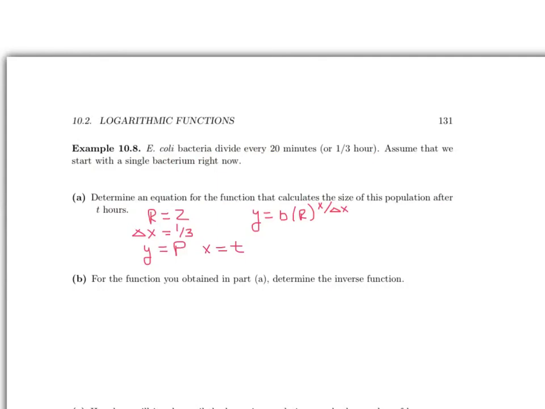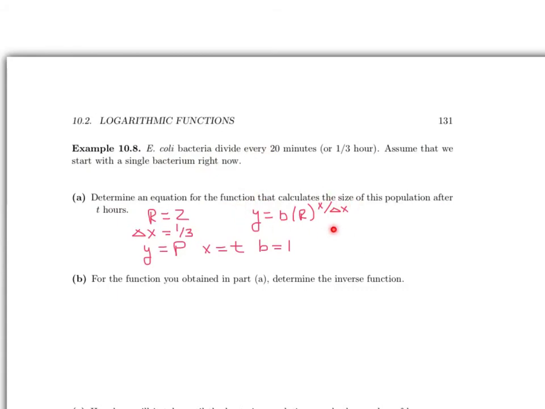The other part of this equation that we haven't discussed yet is the value of b. If you recall, b represents the y-intercept, or the vertical intercept, or alternatively, the initial amount. And for us, since we're talking about a single bacterium, that initial population size must be 1.